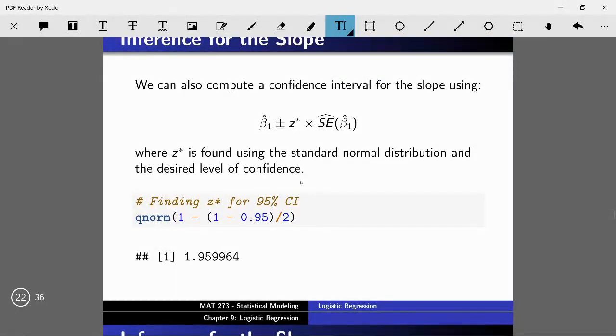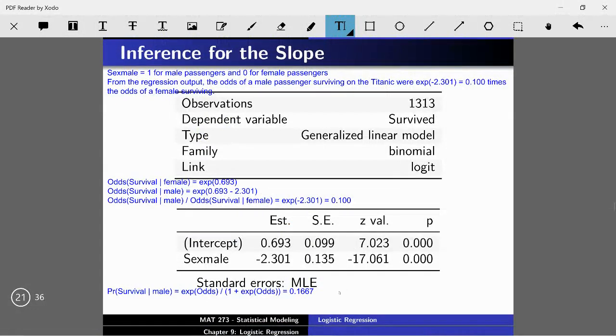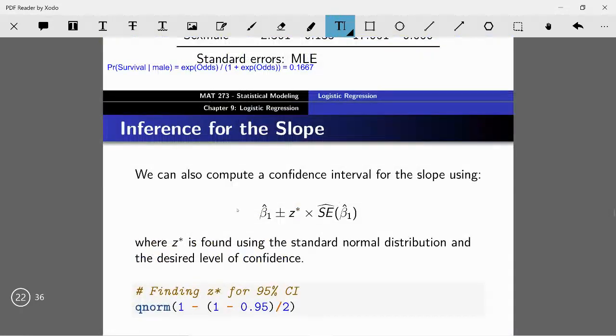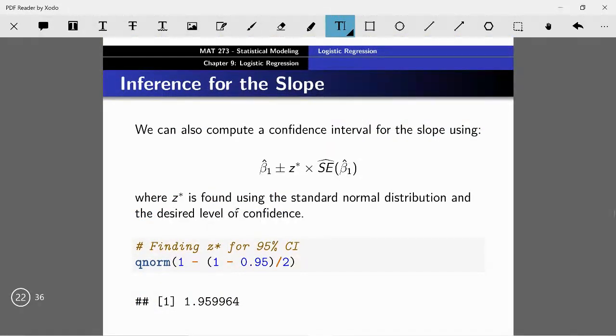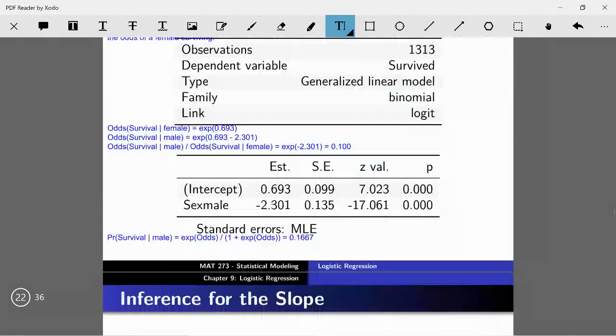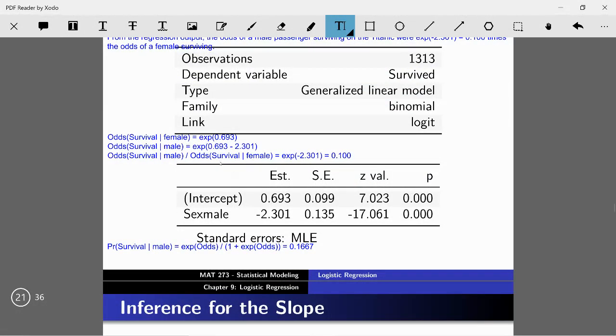Those were just estimates for single values, probability or odds of survival. We can also get confidence intervals. For example, we can get a confidence interval for this slope, where the exponentiated slope represents the odds ratio here.